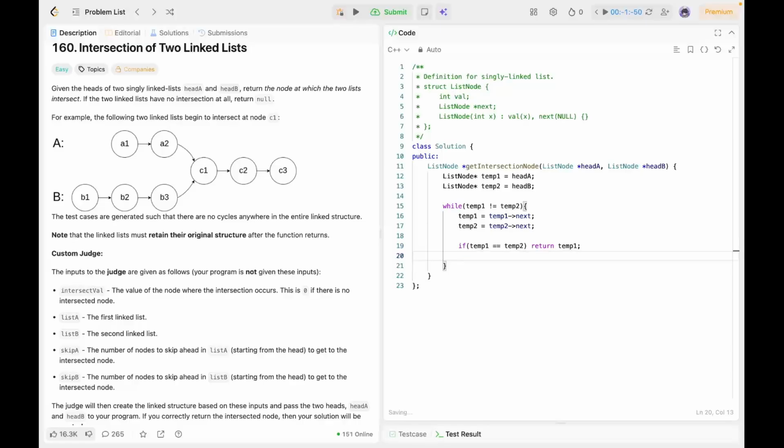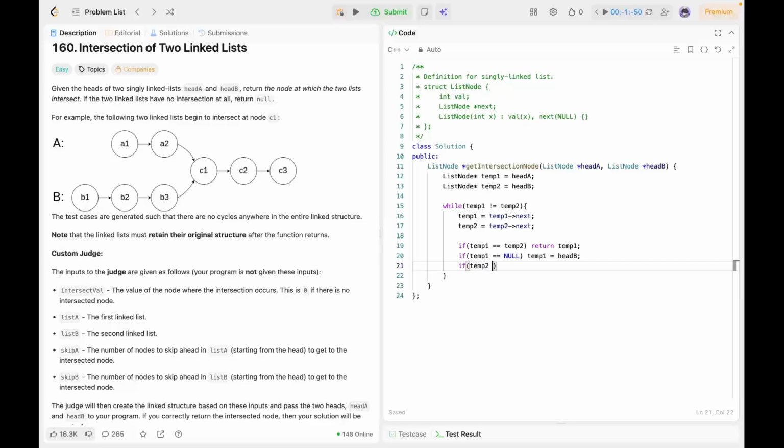And what if they reach the null? So if my temp1 reaches the null, I can simply say temp1, can you point to the head B? Go point to the head of the other linked list, and the same for temp2.